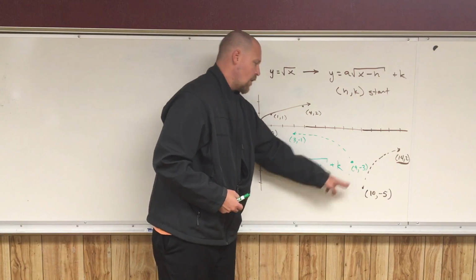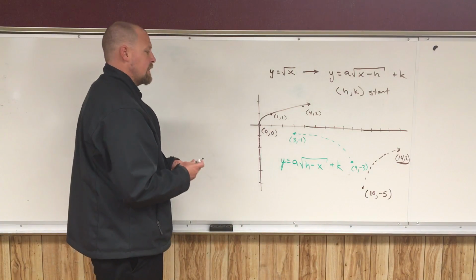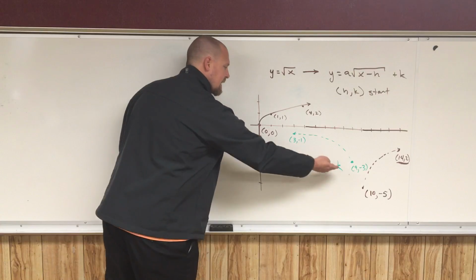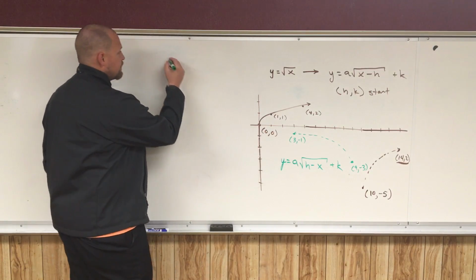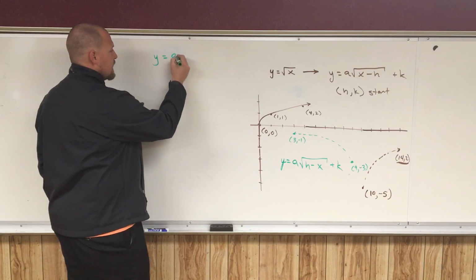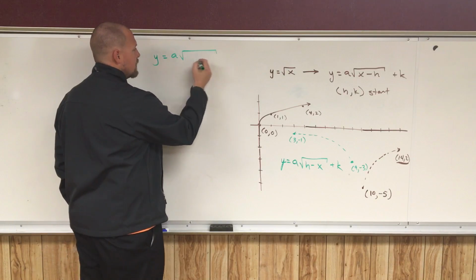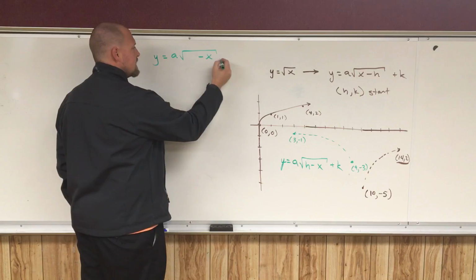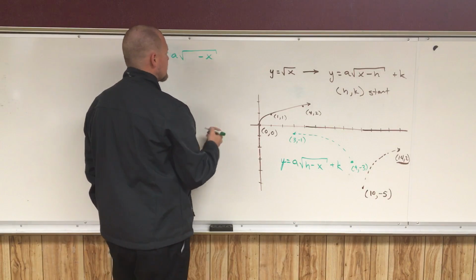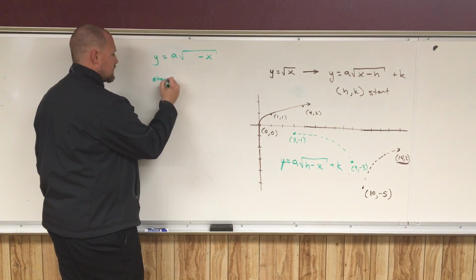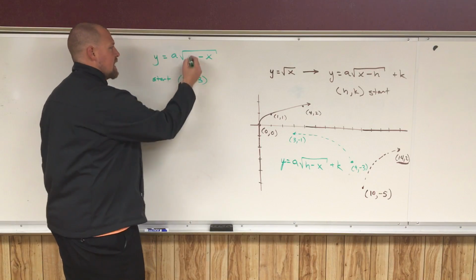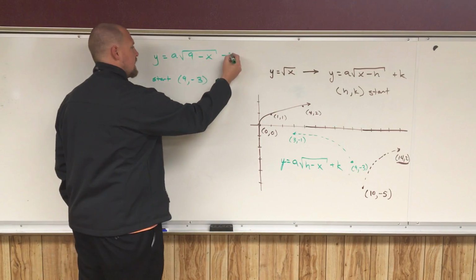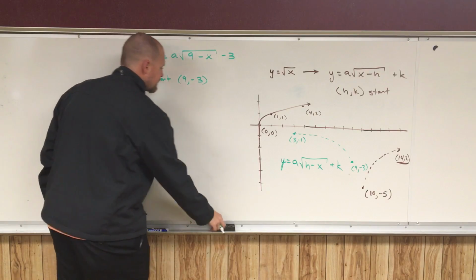So I'm going to take my starting point of (9, -3) and then use my other point that I know it goes through to find my a value. So I have y equals a times the square root of something minus x plus something else. Well, I know that I start at (9, -3), which means 9 is my h and -3 is my k.